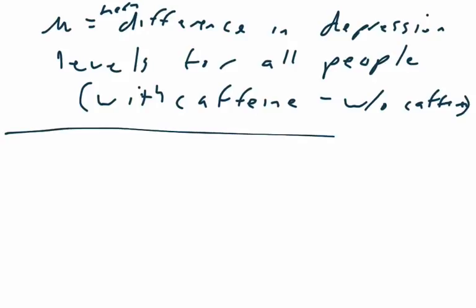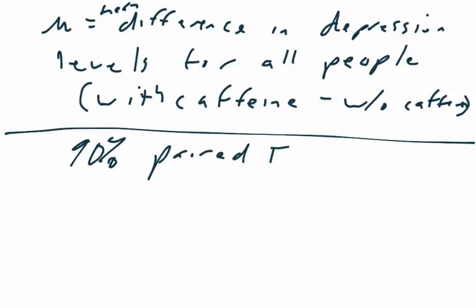And since we're doing a subtraction and each of these persons was tested twice, this is going to be considered a 90% paired t confidence interval.